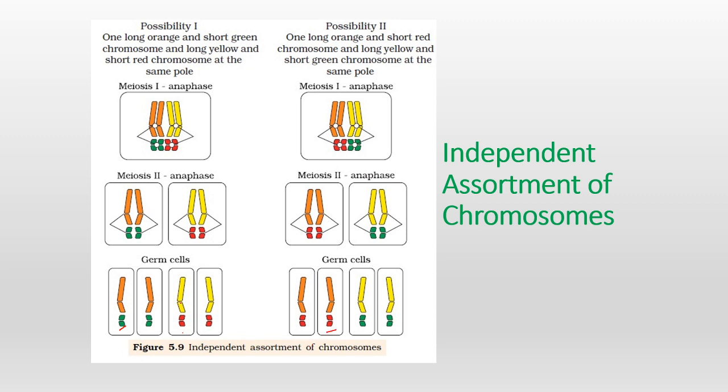Similarly, the long yellow chromosome can go with red, or it can go with green. So there is no linkage here, there is no fixed situation that a particular chromosome is going to go with another particular chromosome.